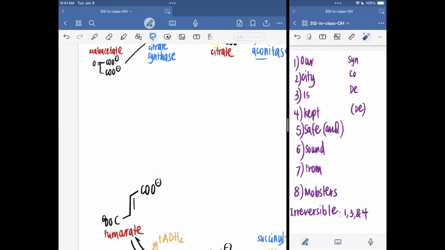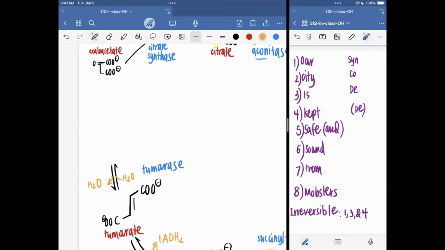So now fumarate is going to get recognized by the enzyme fumarase. And this is another step that is reversible. That is going to involve hydration in this forward direction, or dehydration in our reverse direction.